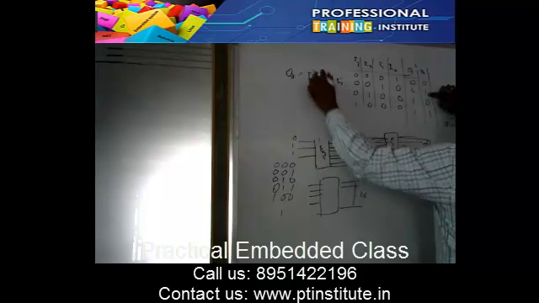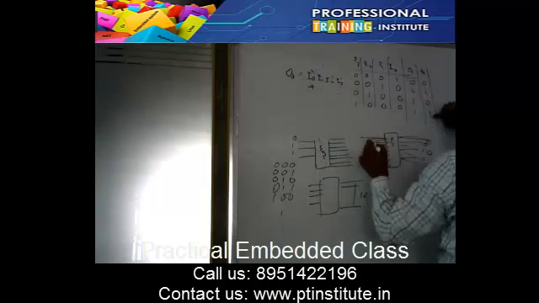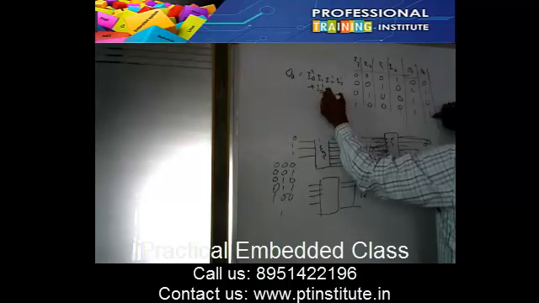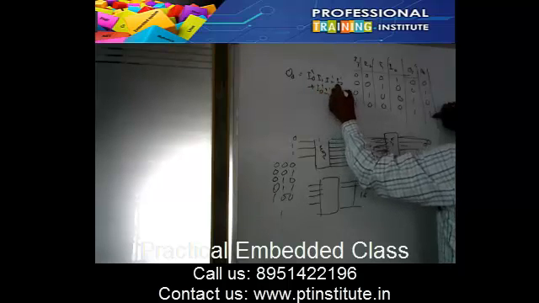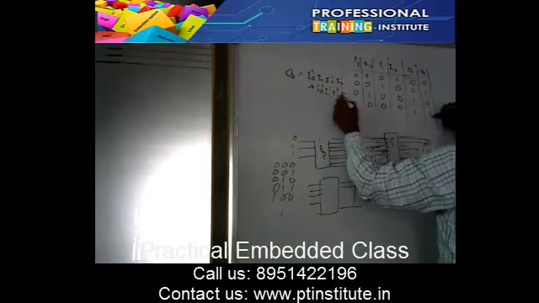So in the 1, I0 is 0, this is 1 plus for this: I0 naught, I1 naught, I2 naught, and I3.